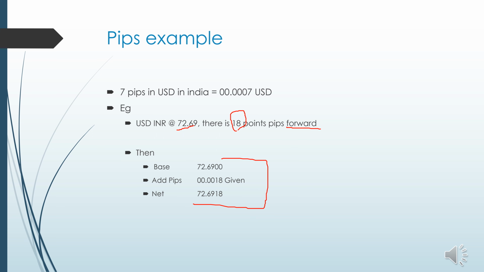The base will be 72.6900, and then we have to add the pips, making sure that there are 4 decimal points in the value 18. So when we apply 4 decimal places to 18 pips, the 18 will become 0.0018, and then we add it to the base, and we will get 72.6918.